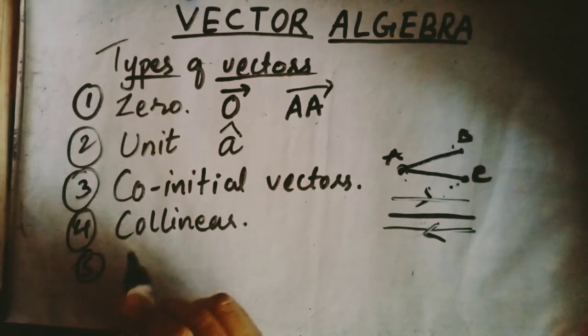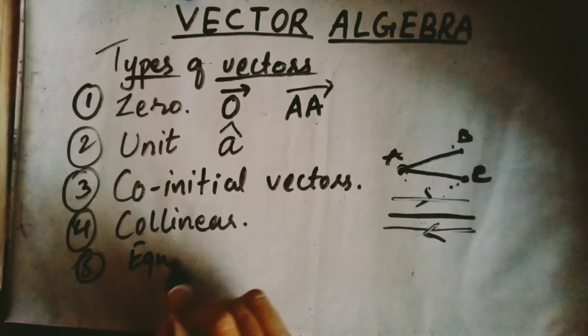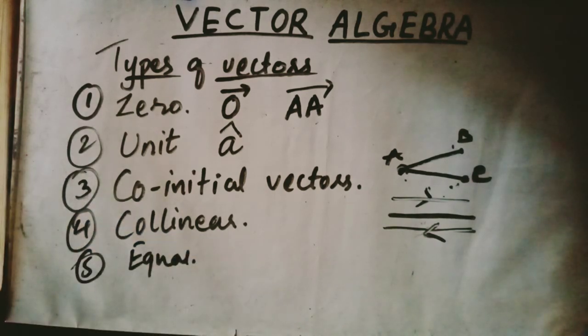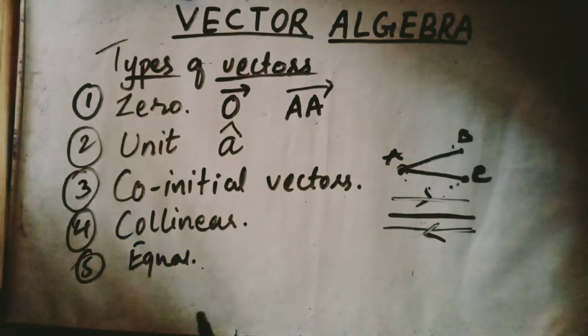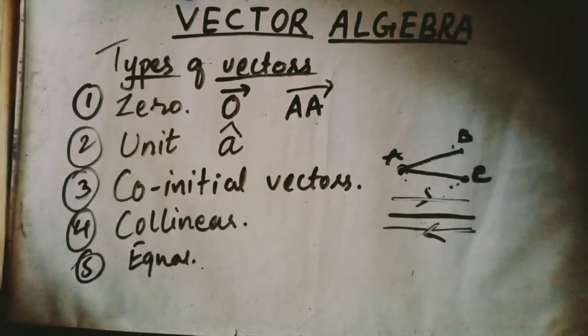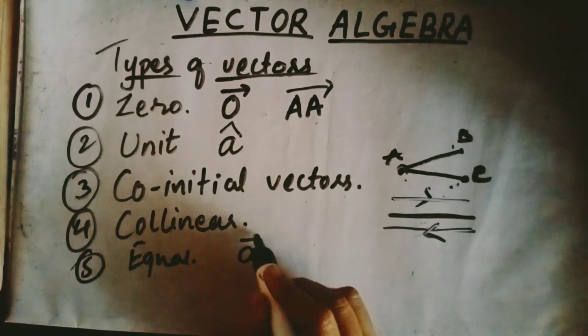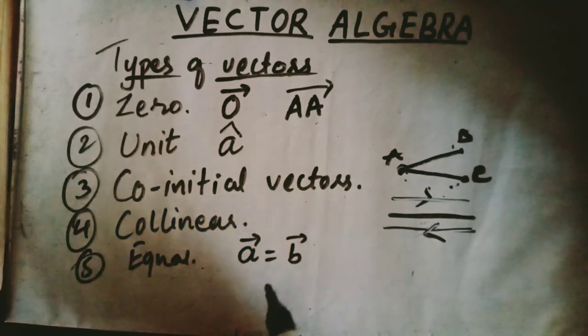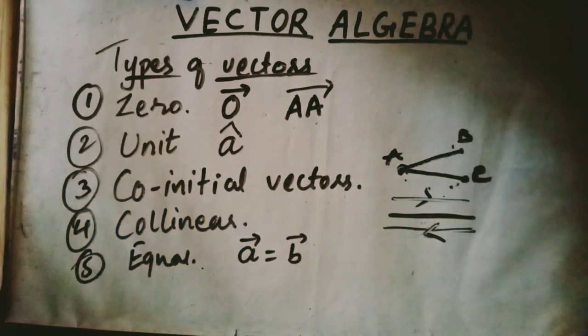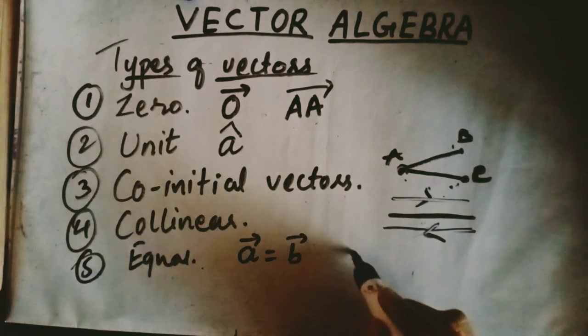Then we have equal vectors. Vectors are equal if they have the same magnitude and direction, regardless of the position of their initial points.